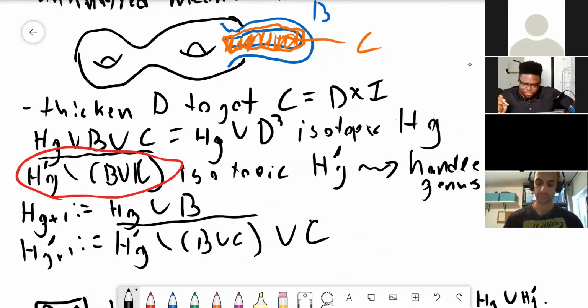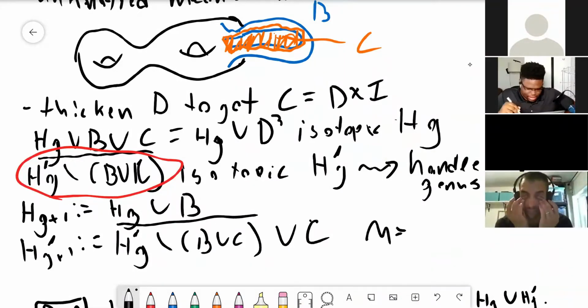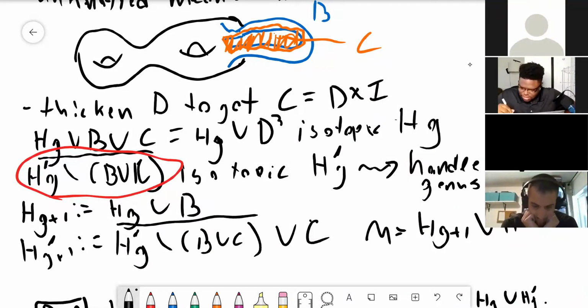So these are both handle bodies of genus G plus 1. And when we glue them together, we should get the exact same manifold we started with.